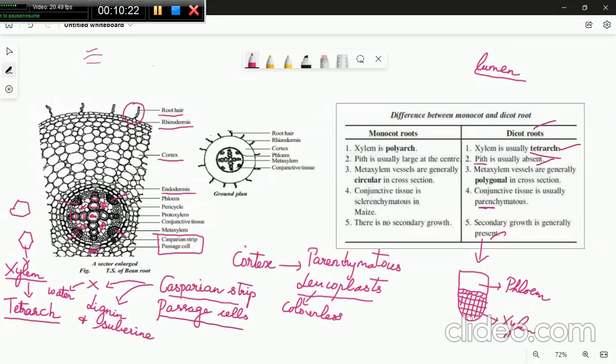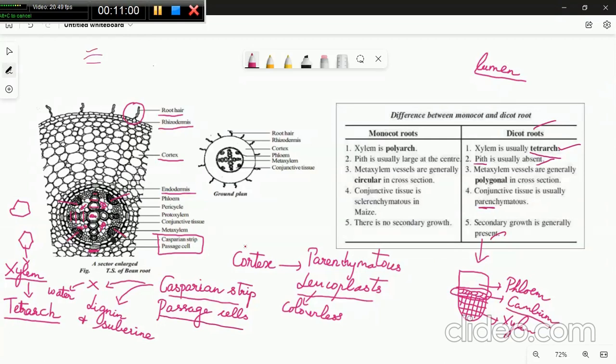Now see here, in between the phloem and xylem you can observe a special kind of cells called cambium. Why is this cambium present here? Because in dicot root this cambium is essential for the production of secondary vascular bundle. That is, it is responsible and essential for production of secondary growth. For that only this cambium is present in between phloem and xylem.